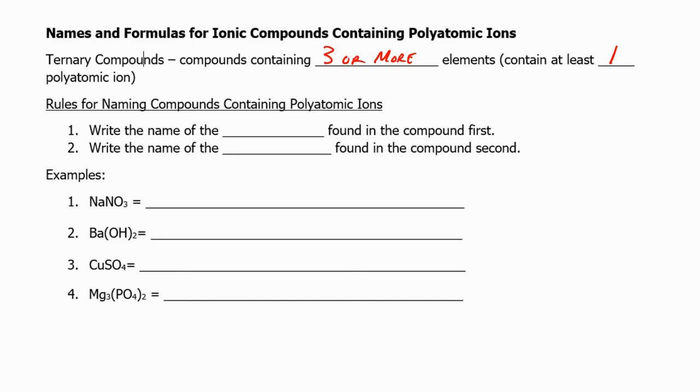With polyatomic ions, we just go through and write out the name of the cation found in the compound first. Then we write out the name of our anion found second. Now, the important thing with polyatomic ions is that we don't change the ending.